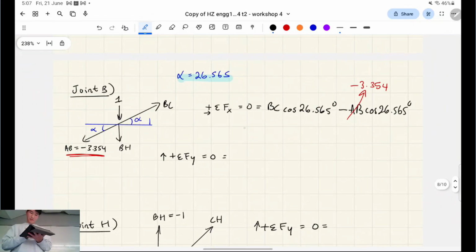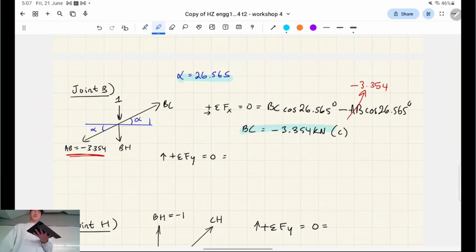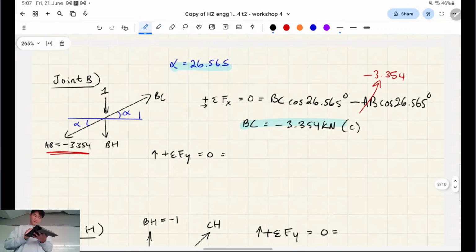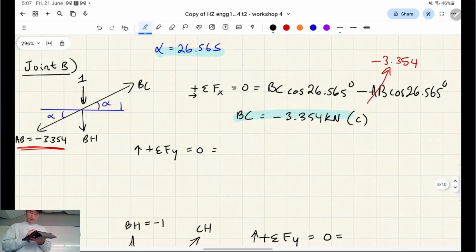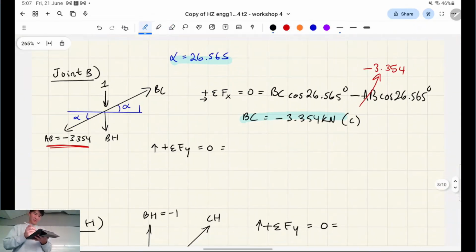Okay, so now we have this one unknown which we solve for, EC, and this is in compression, all good, right? Then similar process. Let's talk about the sum in the y direction. So downwards 1 kilonewton force, and then we have these arrows pointing down, down, up.